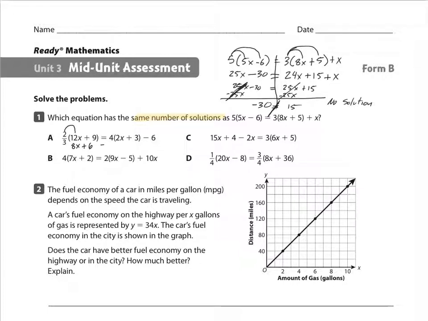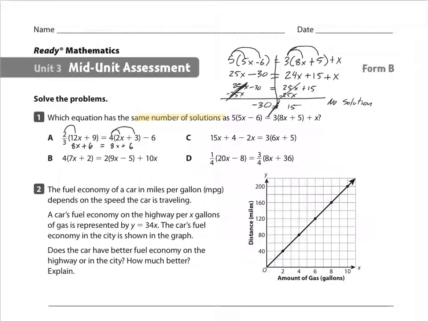And that is going to be equal to 4 times 2x, that gives you 8x, and 4 times 3 is going to give you 12. We're going to subtract 6. When you subtract 6 right here, we have 12 minus 6, so I'm going to rewrite that as just 6.